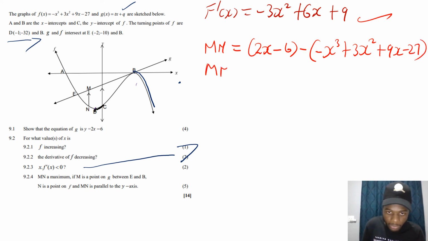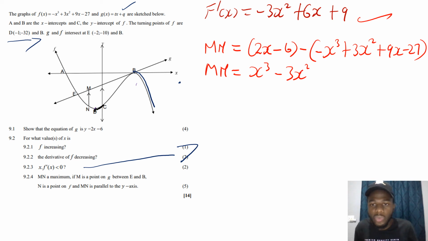Then we solve. MN is going to be x cubed, then 2x, sorry for that, then we'll be having minus 3x squared. Yes, it will be minus 3x squared, then 2x minus 9x is going to be minus 7x, then minus 6 plus 27, it is going to be, I think, plus 21, if not mistaken.